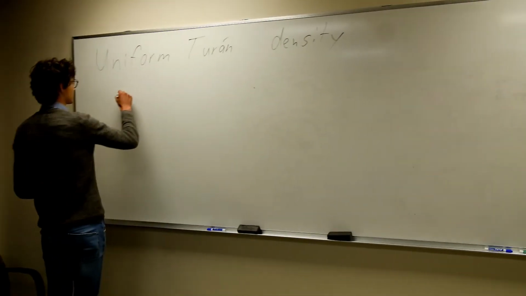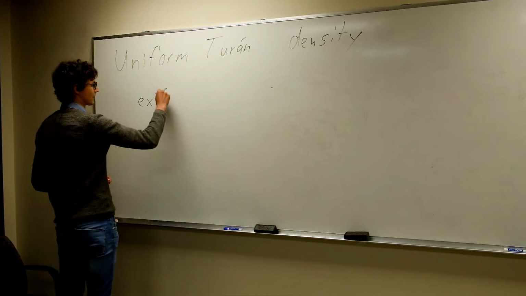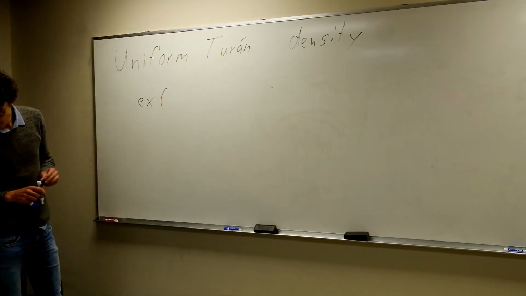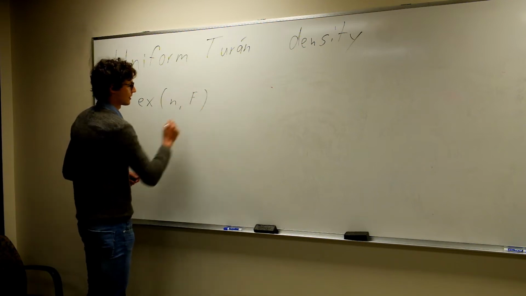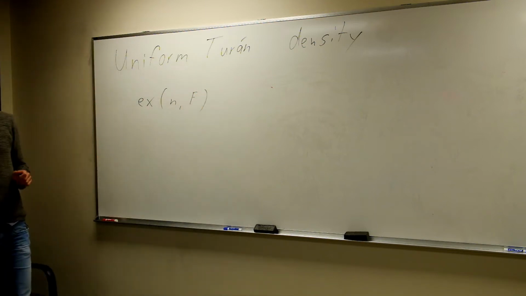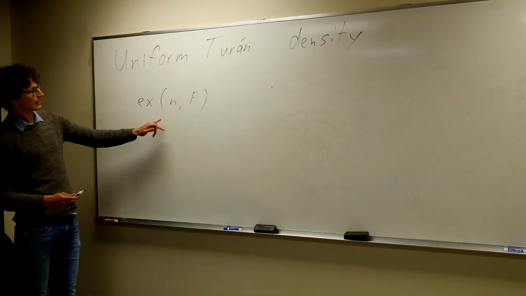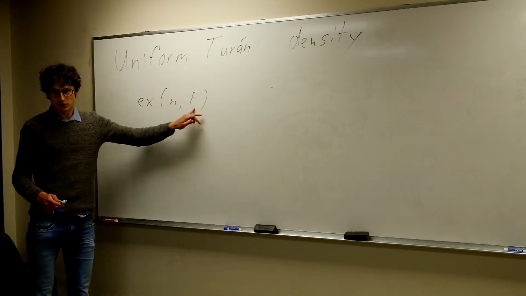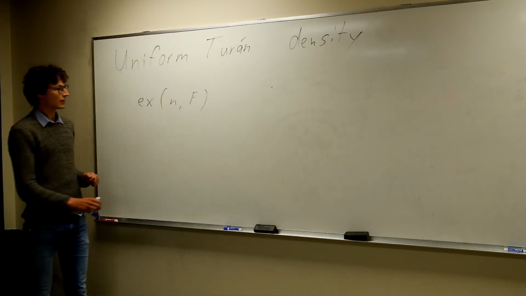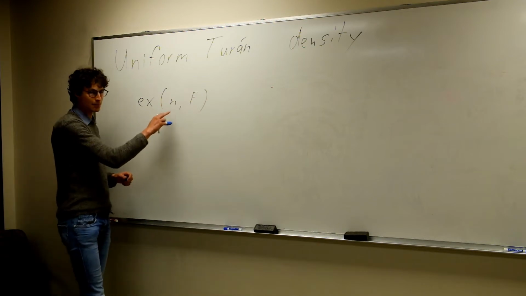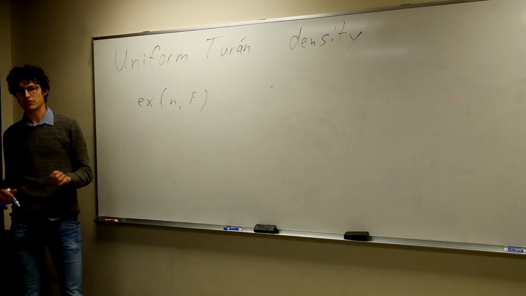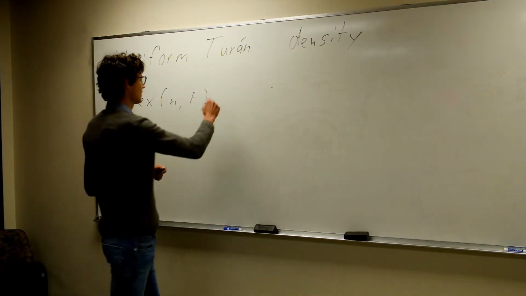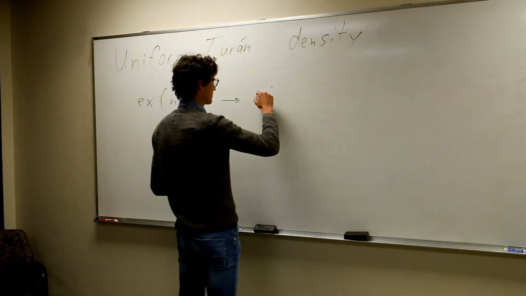Okay, so it's all about the following. The extremal Turán number of n and a graph F, a small graph F. So we ask for the number of edges that an n-vertex graph can have so that it's still F-free.